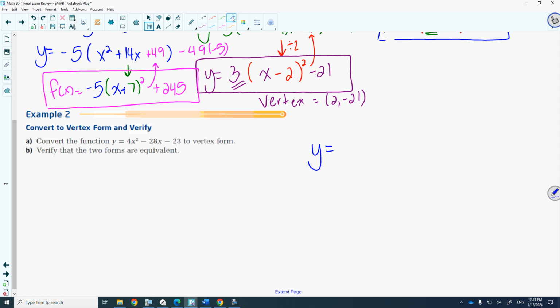There shouldn't be a fraction for this one. Is there? Oh, you're right. Oh yes, there will be a fraction for this one. Keep it in fraction form.